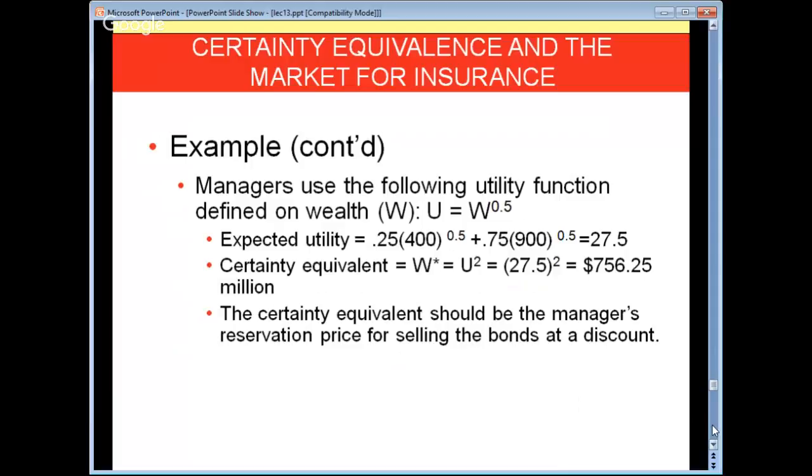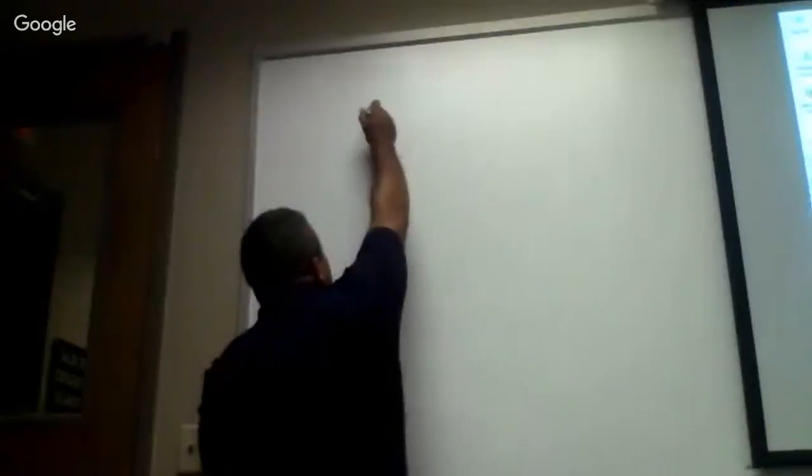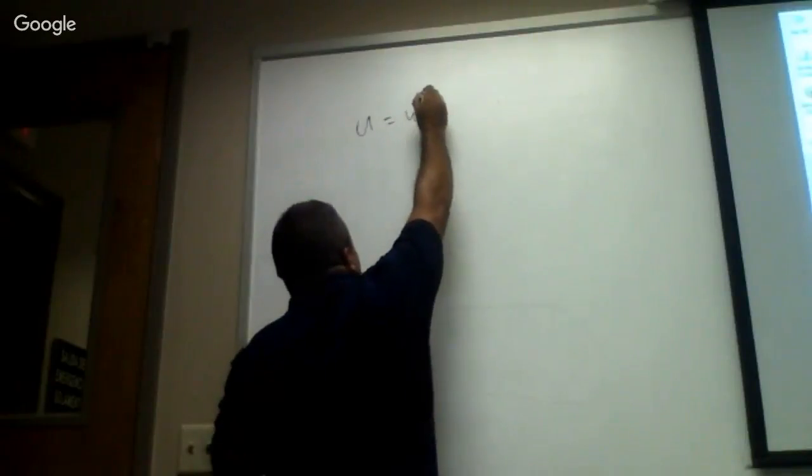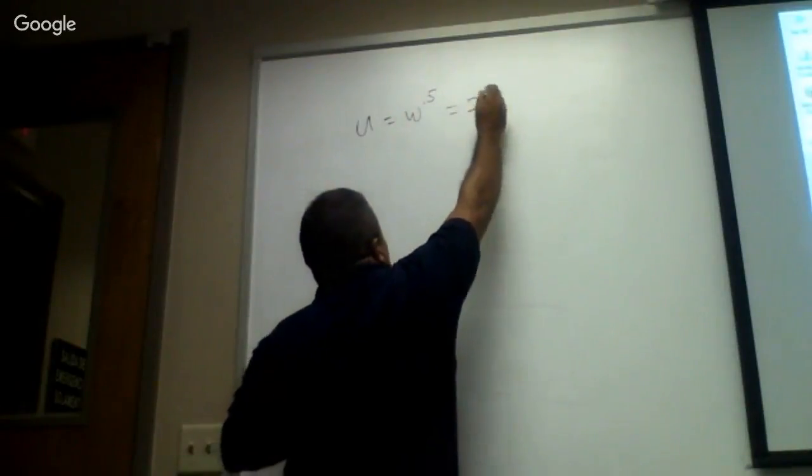If I know my expected utility, I can take the inverse of that, and if I know it in terms of wealth, basically I can take the utility of 27.5, where W to the 0.5 equals 27.5.